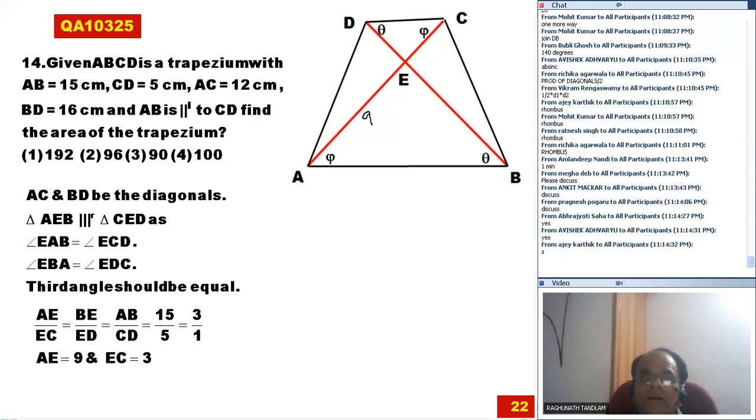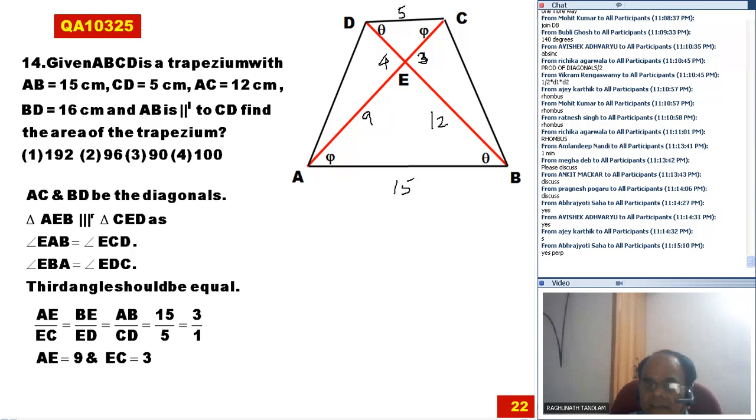This is 4. This is 12. That means the diagonals are perpendicular to each other or not? Diagonals are perpendicular. What is 3, 4, 5? Is it the sides of a right angle triangle? 9, 12, 15 are sides of a right angle triangle. Therefore, what's the area?